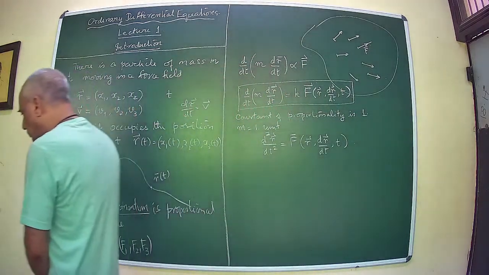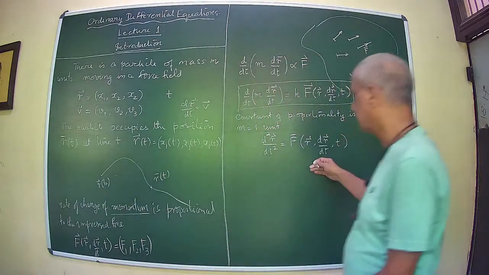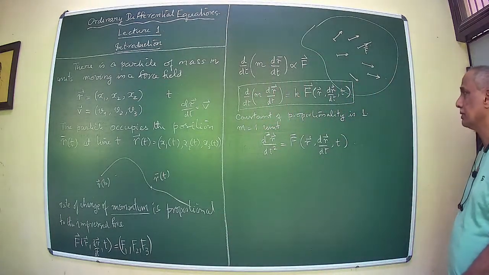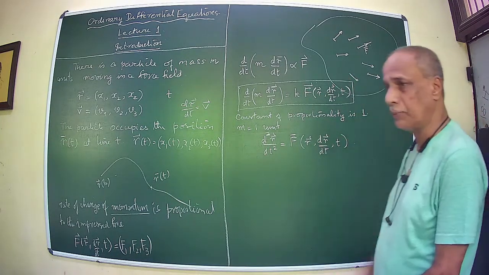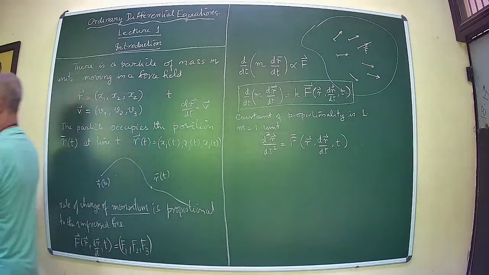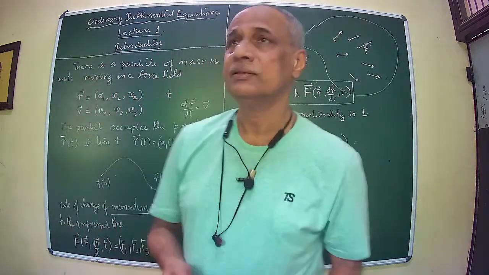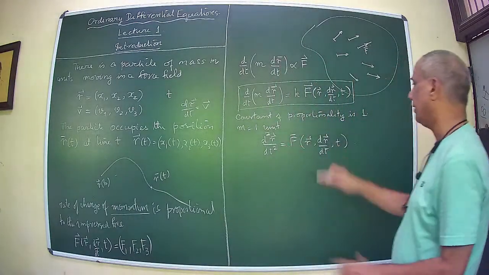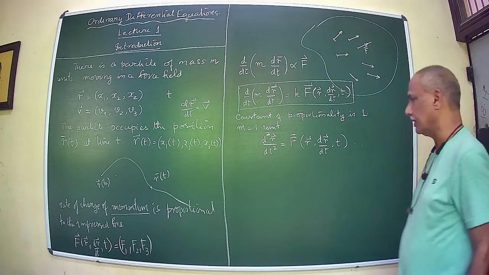The problem is this: given the force field, suppose you have a particle dropped in that force field, how will the particle move? So what is the path of the particle? In short, you have to find out what r is for the particle.